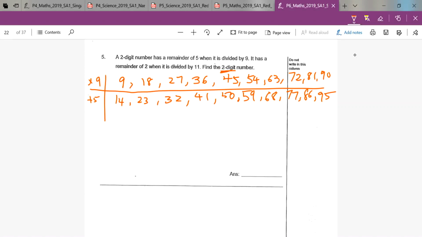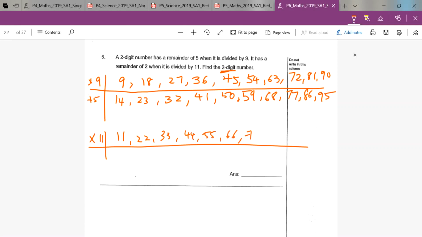Now you have times 11: 11, 22, 33, 44, 55, 66, 77, 88. We stop at 88 actually, because the next one will be 99, and if you plus 2 it exceeds being a 2-digit number.